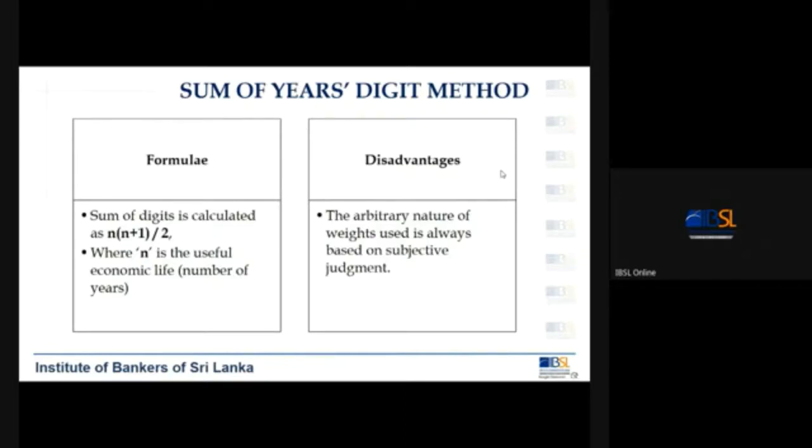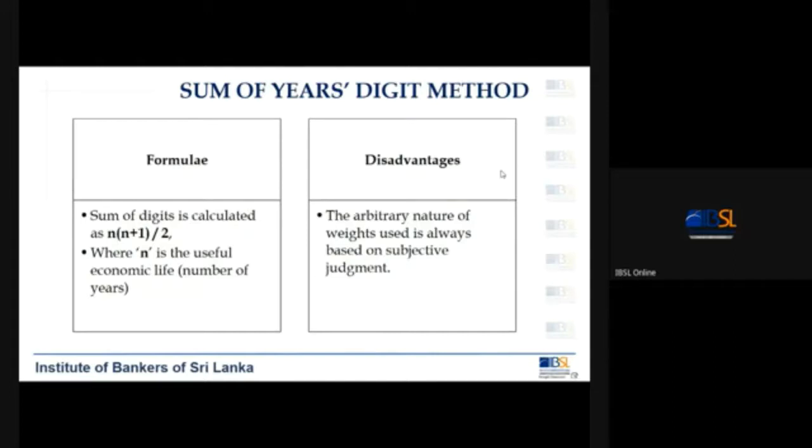This is a simple summation formula that you use in series, where this number n refers to the number of useful life years of the asset.